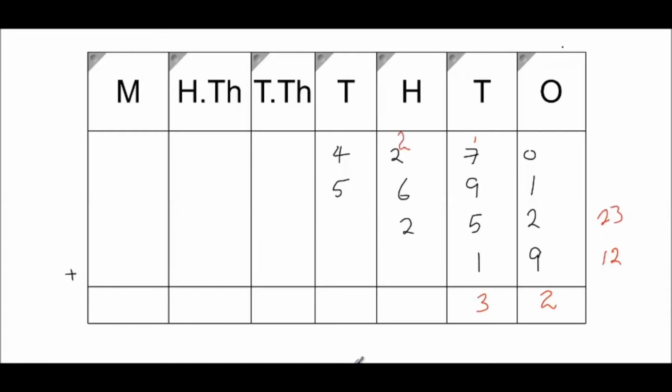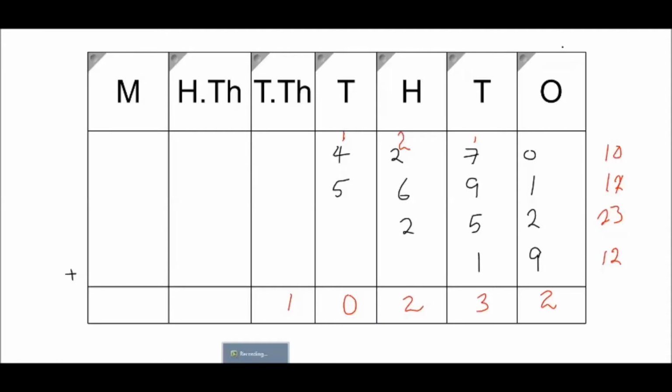Next column, 2 and 6 would be 8, 8 and 2, 10, 10 and 2, 12. We'll put down our 2 and carry our 1. Now we add 5 and 4, 9 and 1, 10. We'll put down our 0 here, and in the 10,000 column we'll put 1.